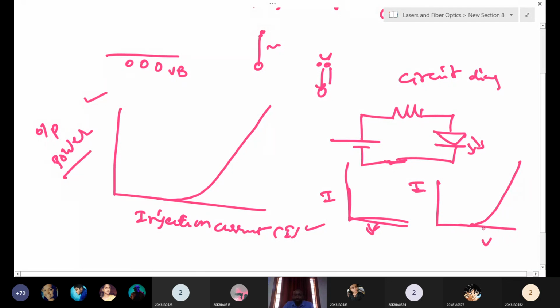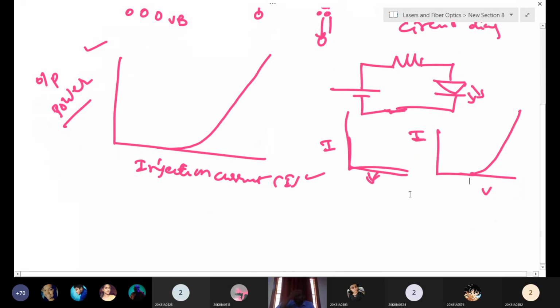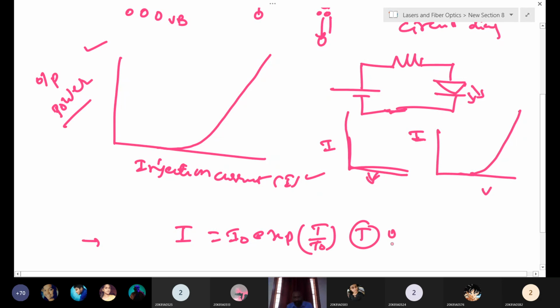So after that, this is the IV curve, and one more drawback is we cannot operate this homojunction laser continuously, because if you write this, I is equal to I0 exponential T by T0. Here T is the temperature. It depends on temperature.